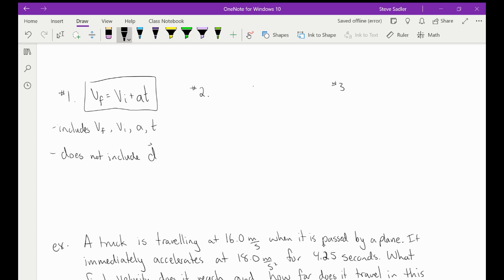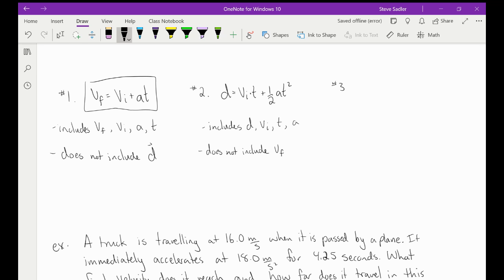The next one is distance or displacement is equal to VI multiplied by T plus 1/2 AT squared. You can see that this one includes displacement, VI, time, and acceleration, but does not include the final velocity.